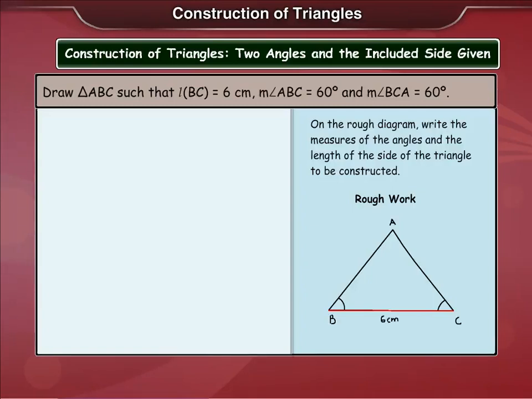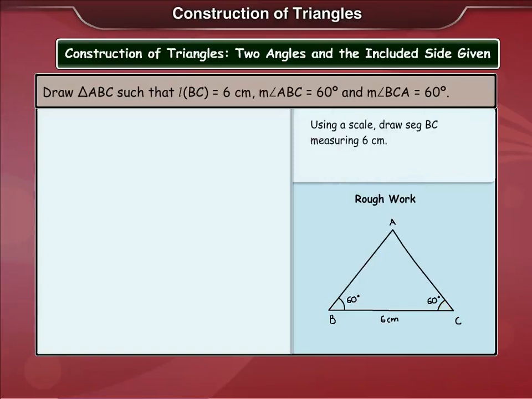Angle BCY measures 60 degrees. Label the point of intersection of ray BX and ray CY as point A. The required triangle ABC has been constructed.